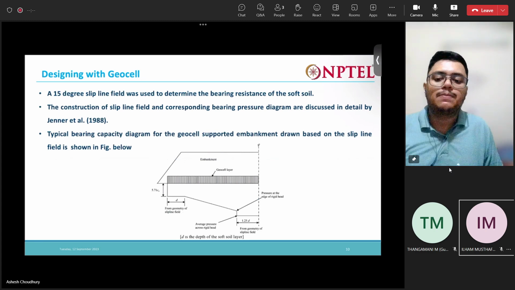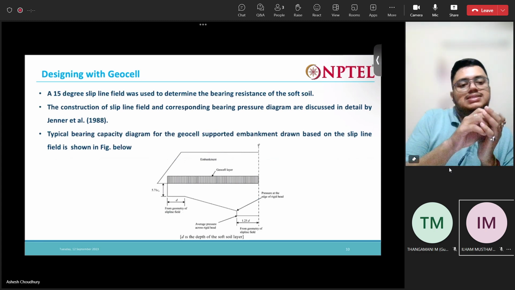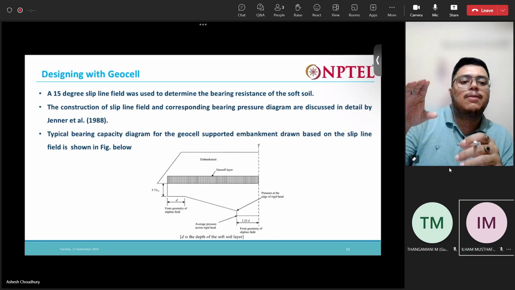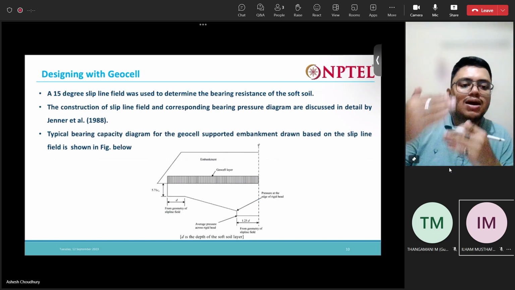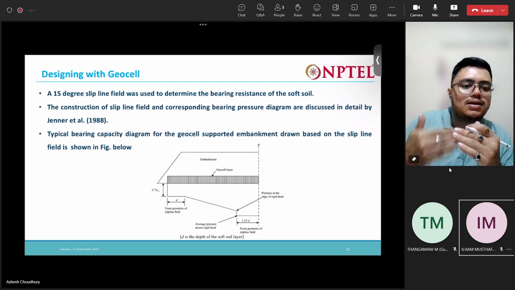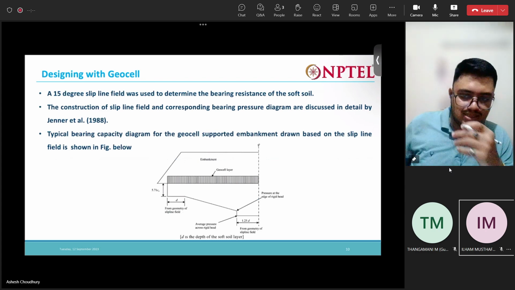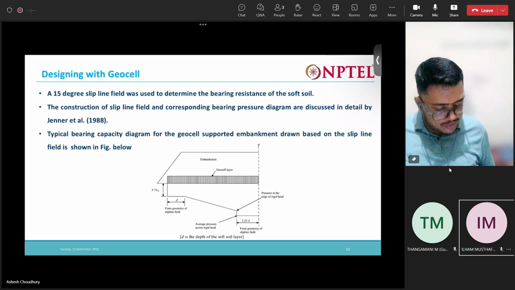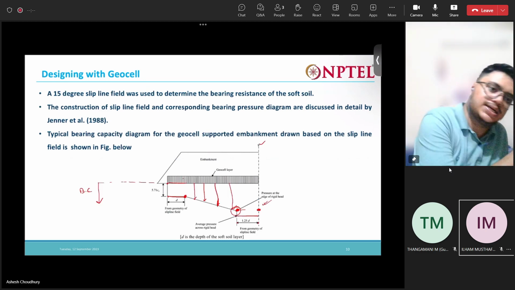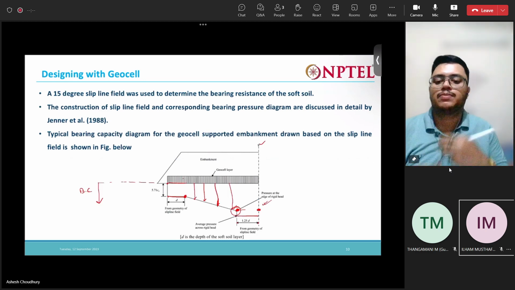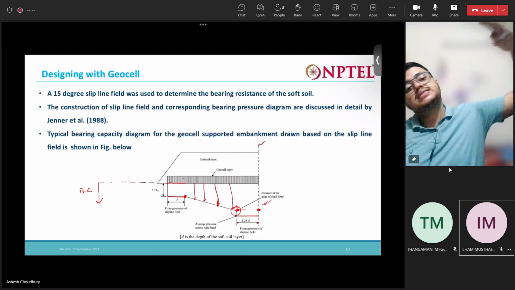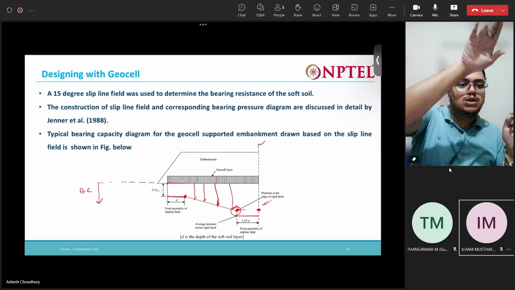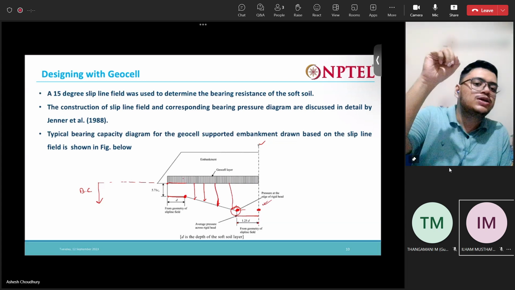If the bearing pressure of that place is less than 5.71 cu, that means when load comes, the soil there will be in plastic state. But as we go in this direction, that elastic limit is getting increased. It means it can take higher loads while the soil remains elastic and does not go into the plastic state.